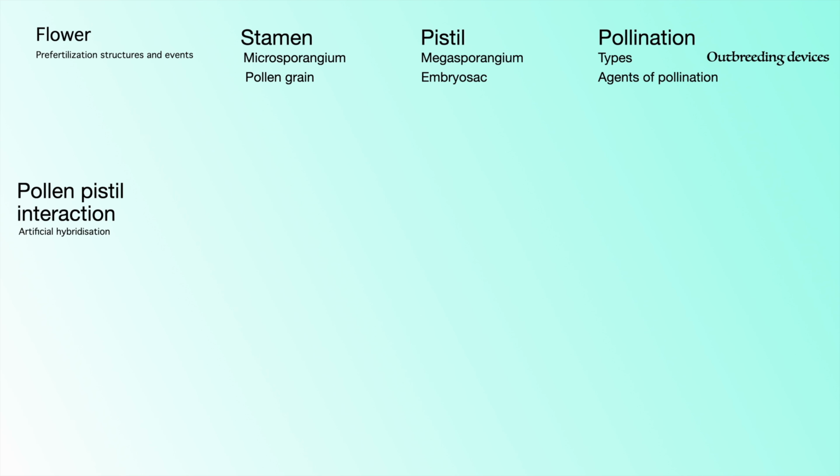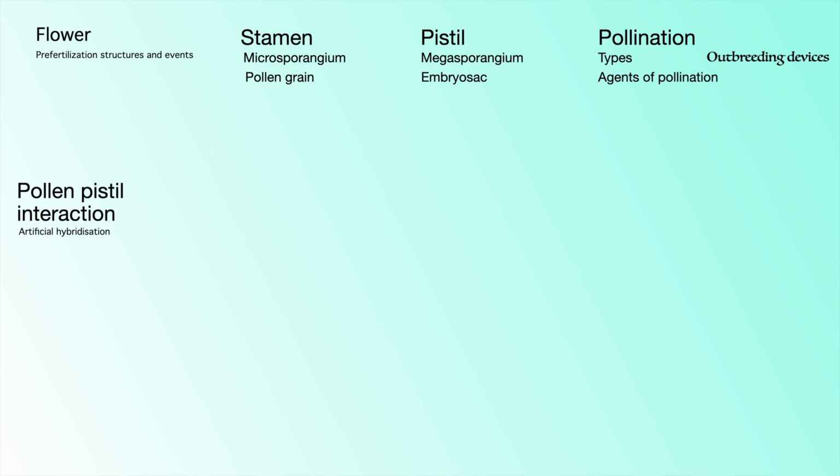How can we prevent this self pollination? What we can do is just cut and remove the stamens. This process is called emasculation. So by emasculation, we are preventing self pollination. Done. Now, after that, we cover the flower with a bag.